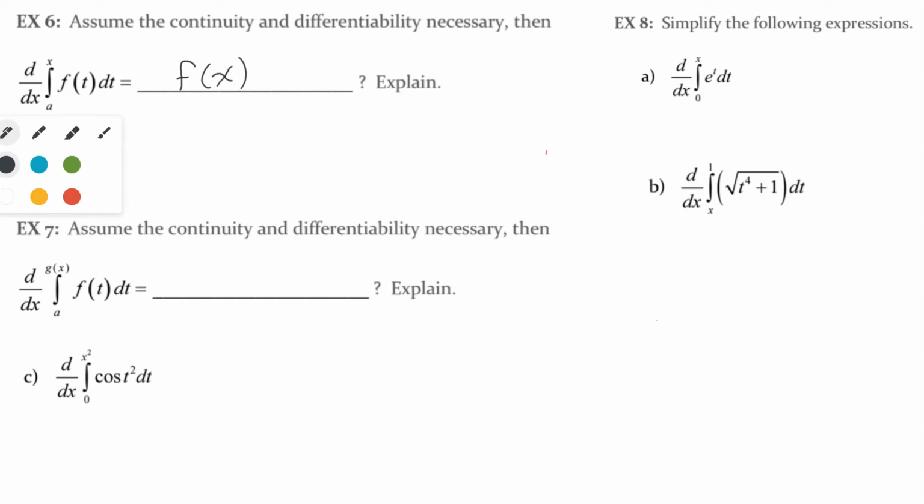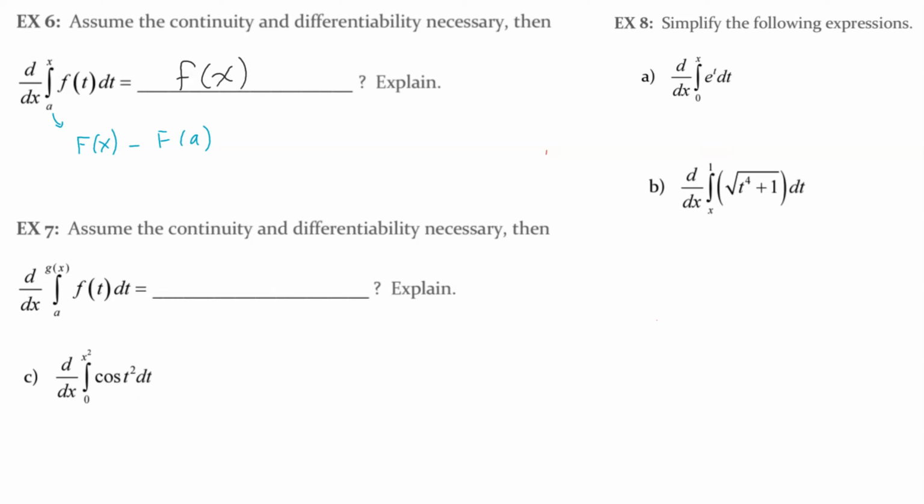Once you have reflected, you can see that by the fundamental theorem of calculus, the integral from a to b of f of t dt is going to be F of x minus F of a, where big F is the antiderivative of the little f of t.